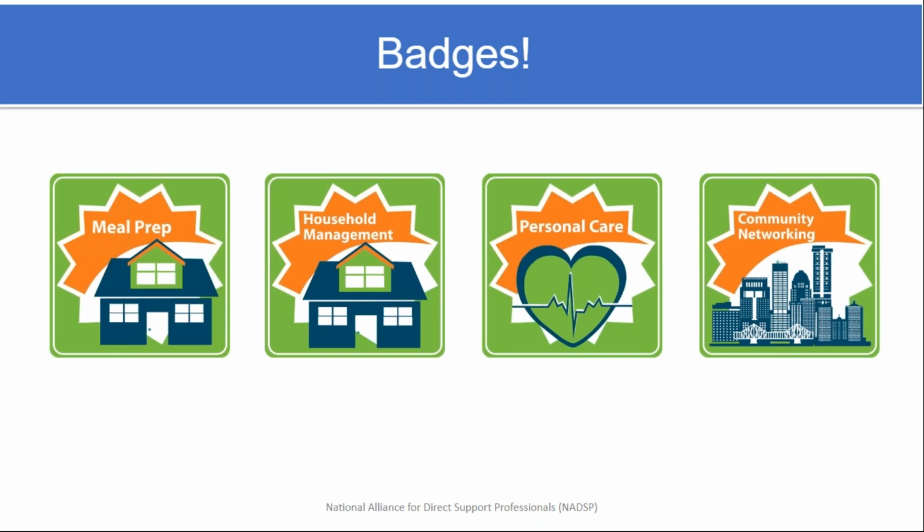And then those final two badges are actually associated with other competencies, but they certainly overlap with this community living skills and supports competency. We've got a personal care badge, and in this case, it's in the supporting health and wellness area, but it overlaps with what we've been talking about today. And community networking, that whole idea of going out into the community and making those connections, and really being a part of your community.